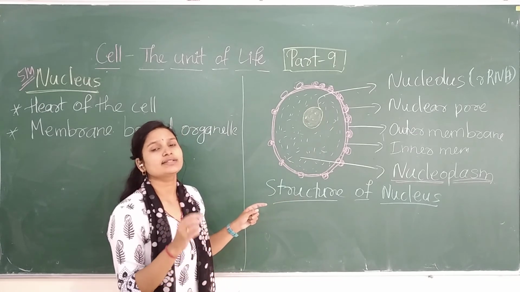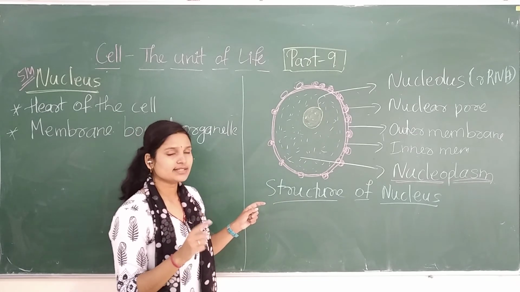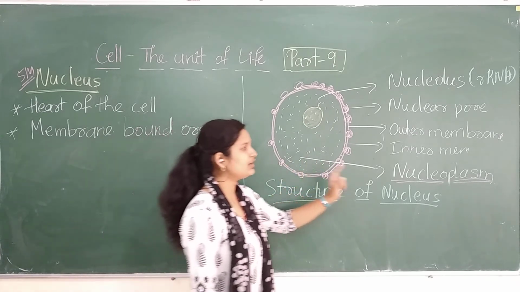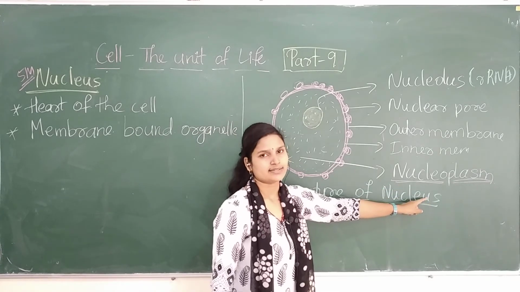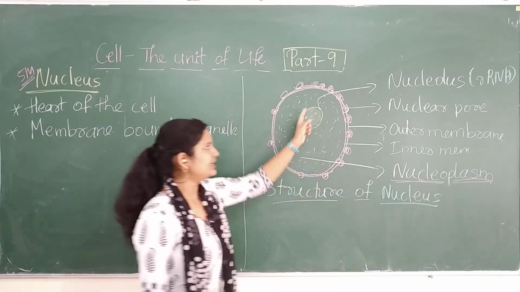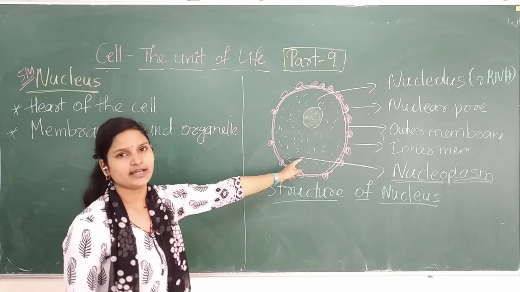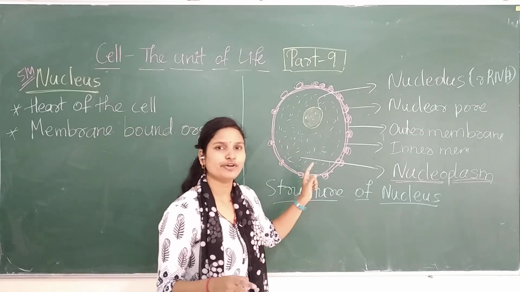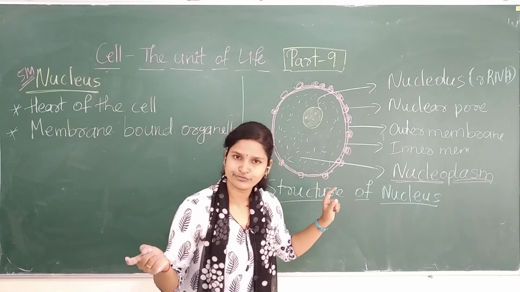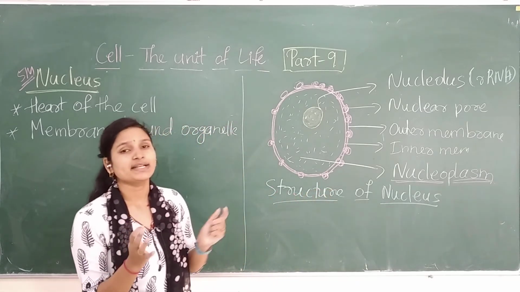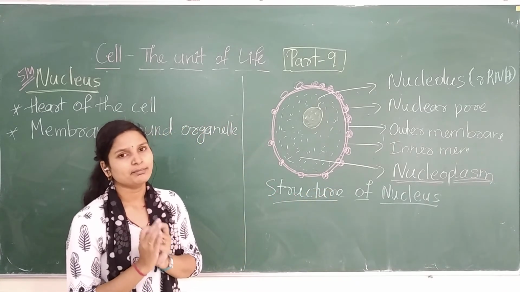In that nucleus the dense cytoplasm present is called nucleoplasm. Also the genetic material lies here, which is mainly helpful for replication and further processes, and it preserves your genetic material.